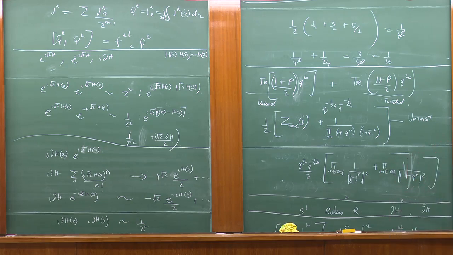This is actually very similar to the way you get Bose statistics from a path integral. Do you know what I'm talking about? You can get Bose statistics by doing 1 plus P12 by 2. The half is just the usual thing. The second one, the P12, only gets contribution from states where both particles were in the same state.